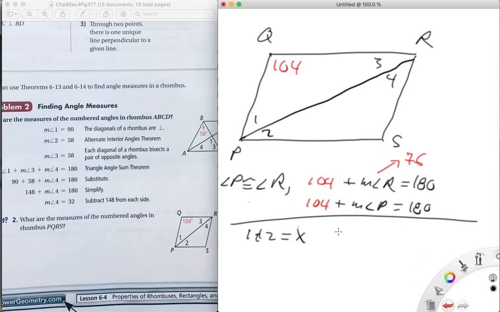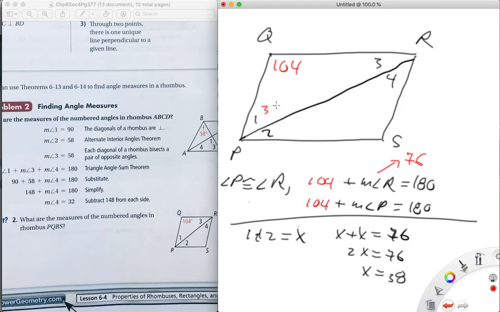So x plus x equals 76. Now 2x equals 76. Divide by 2, x equals 38. So x equals 38 degrees.